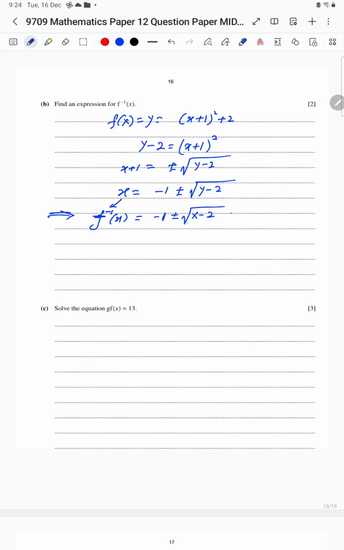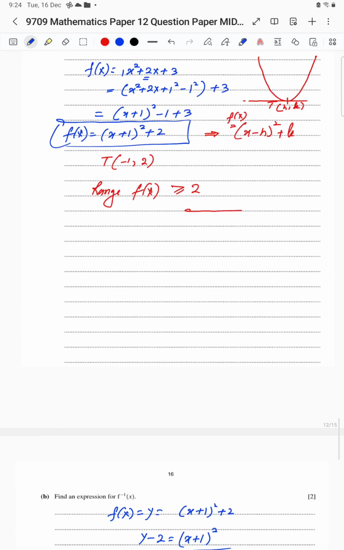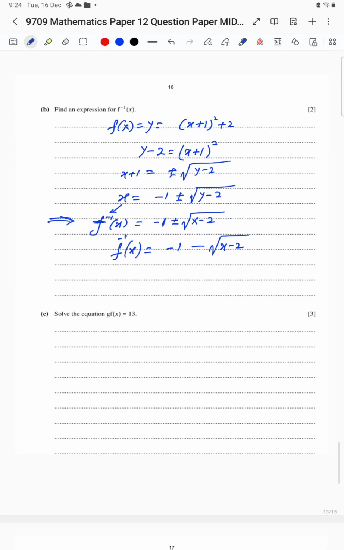It can happen only when you take the root value negative, to make values less than or equal to minus 1, right? It's given there. So my final answer is this: I will ignore the positive values of the root and only take the negative values.